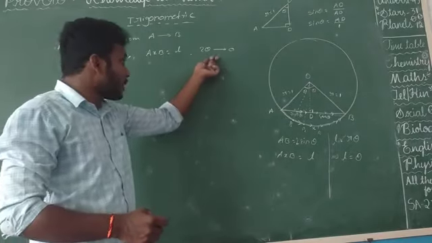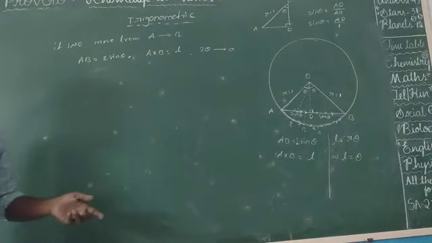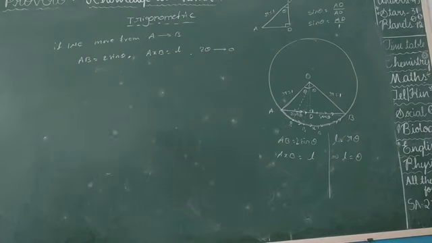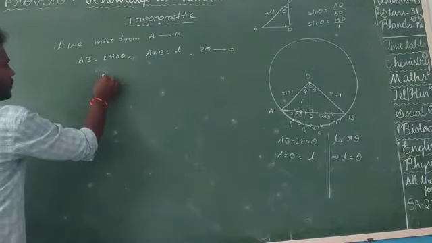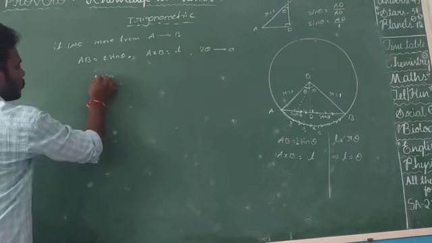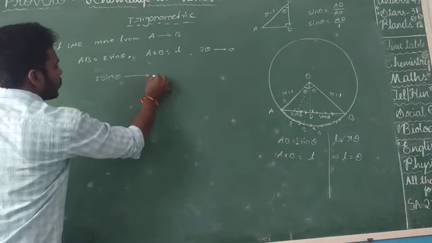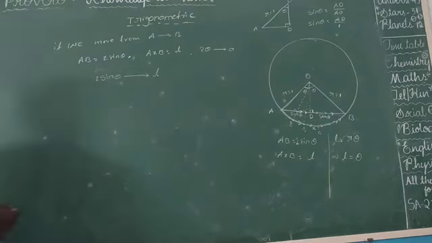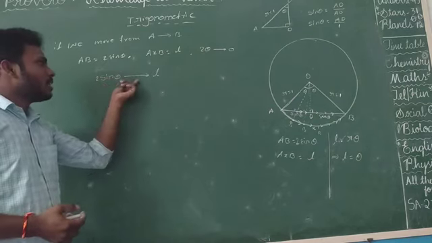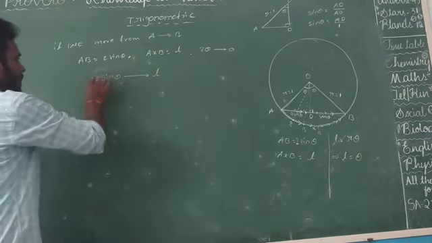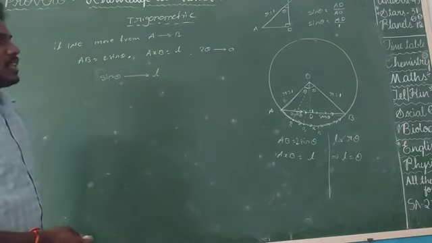If the angle becomes 0, what will happen here? Look once. 2 sin theta is compared to the length of arc.